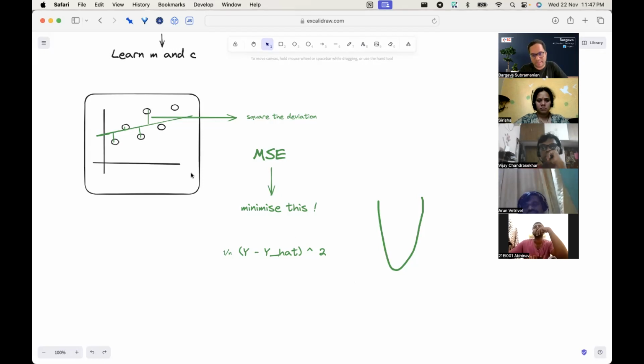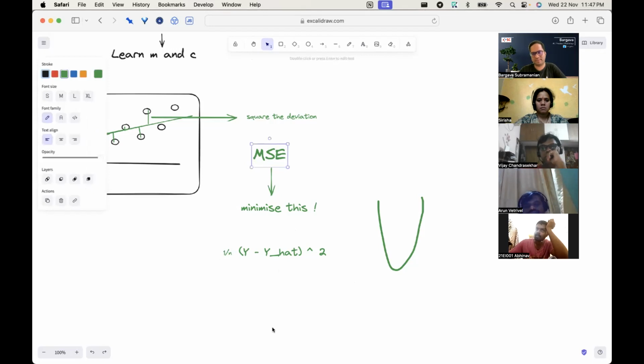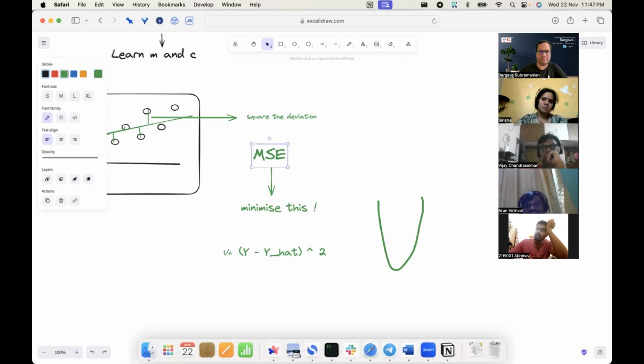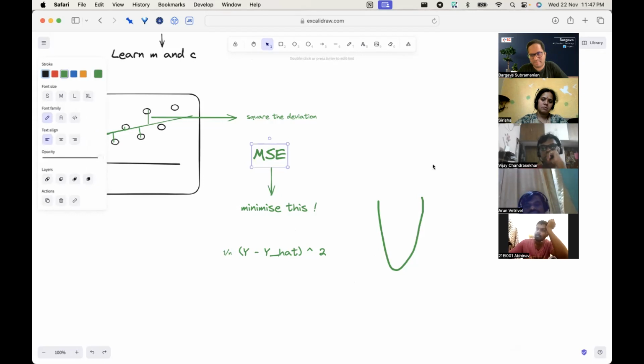So every time we define the loss function that we want to work with, such as mean square error, it would always be in some form which has a minima. So it'll be a smooth function. It's not necessarily always a parabola, but it'll be a smooth function and will have one strict global minima. This is super important.